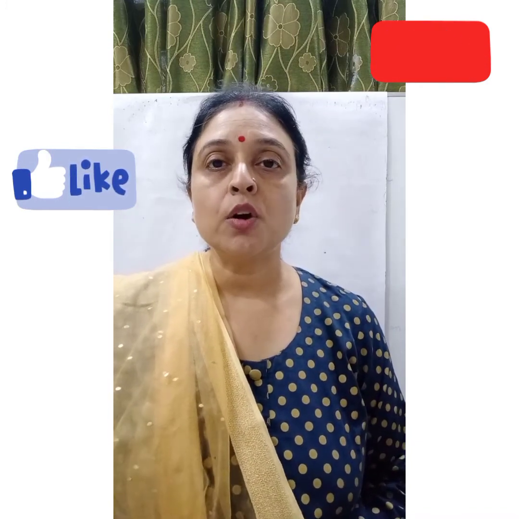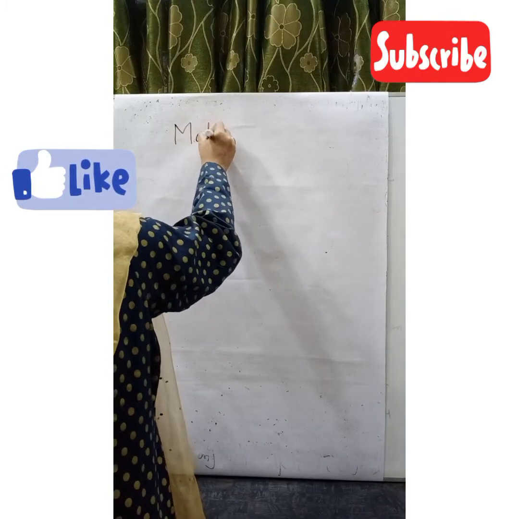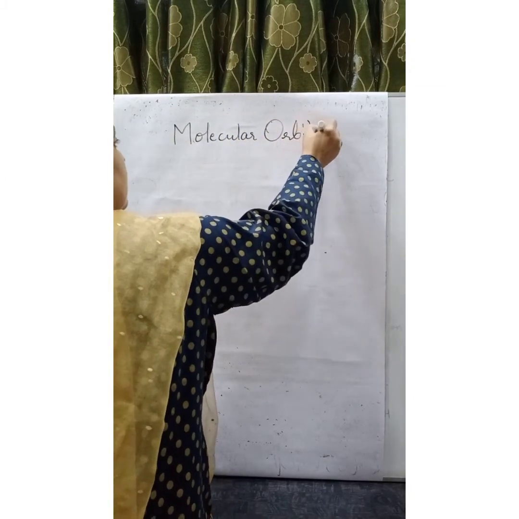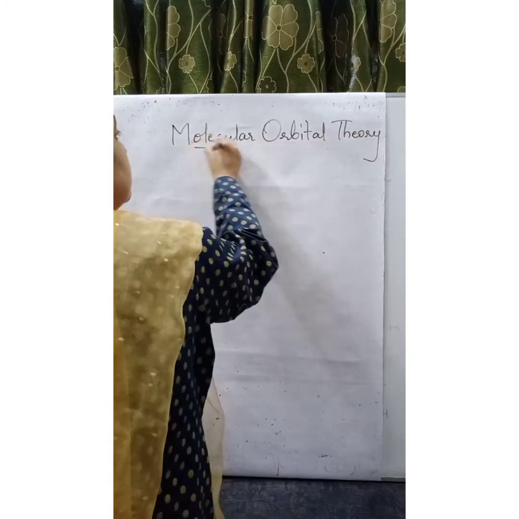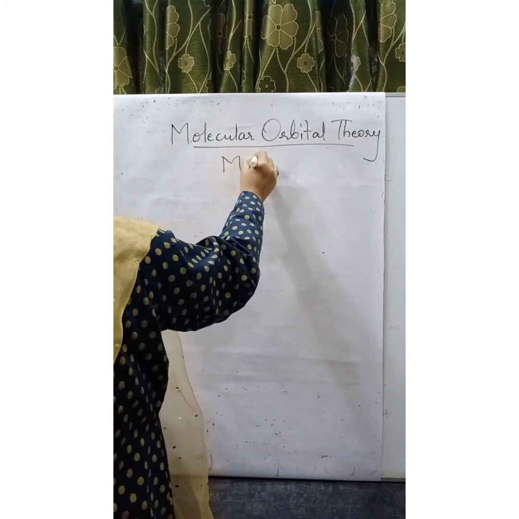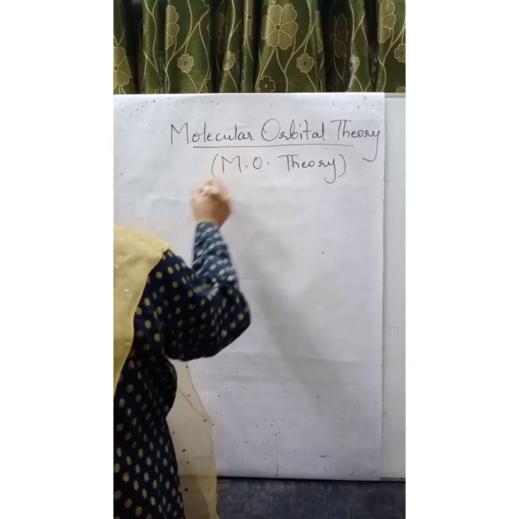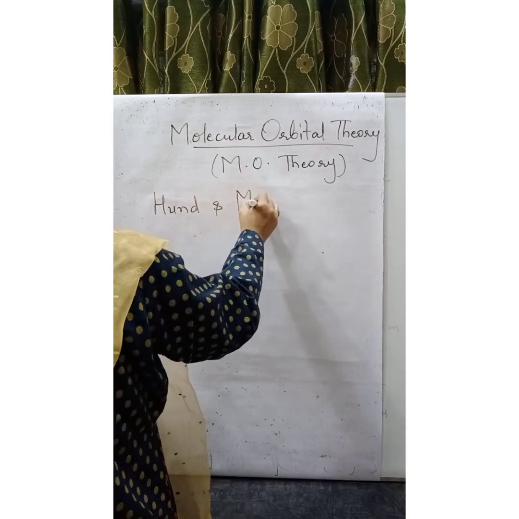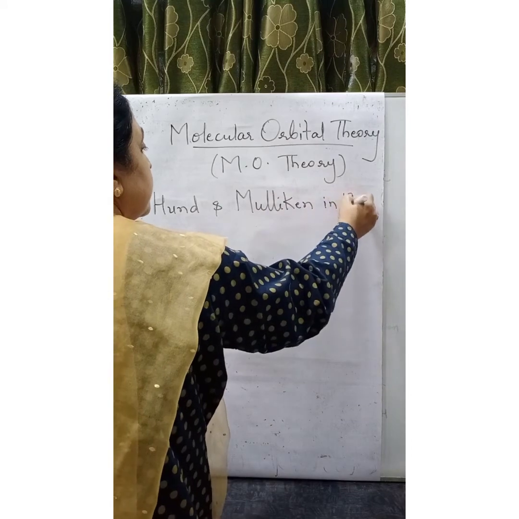In this video, we will discuss molecular orbital theory. In short, it is also known as MO theory. This theory was given by Hund and Mulliken in 1932.